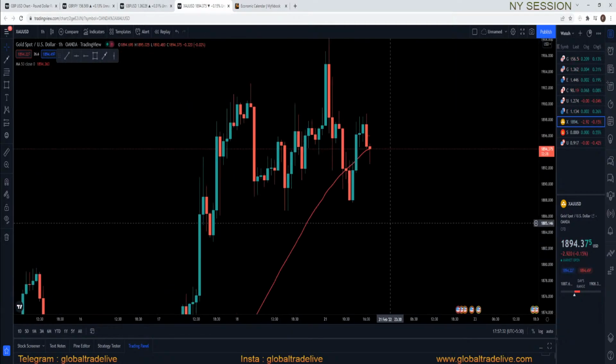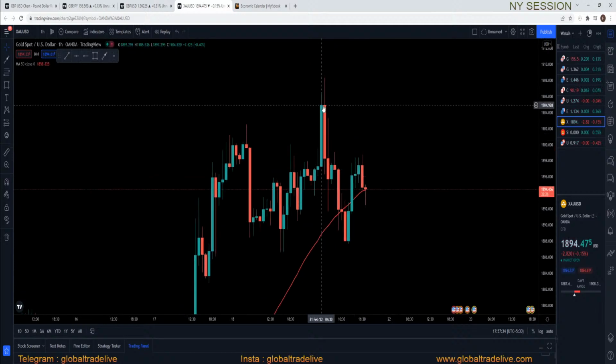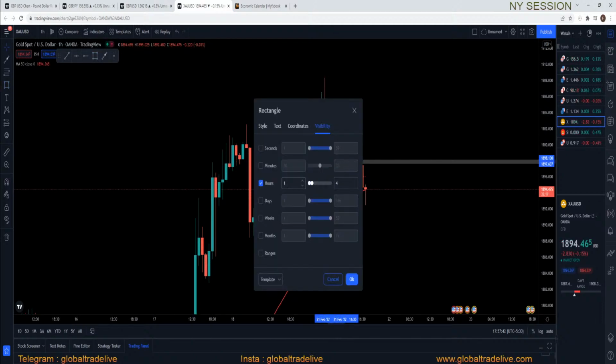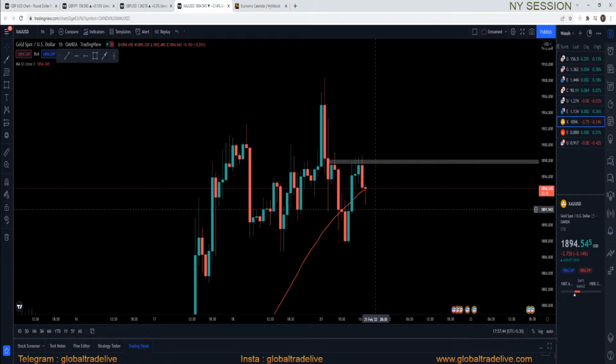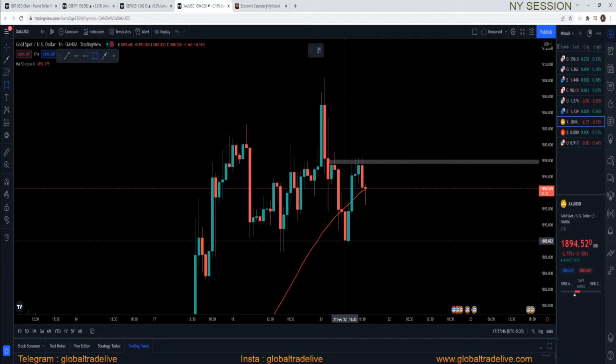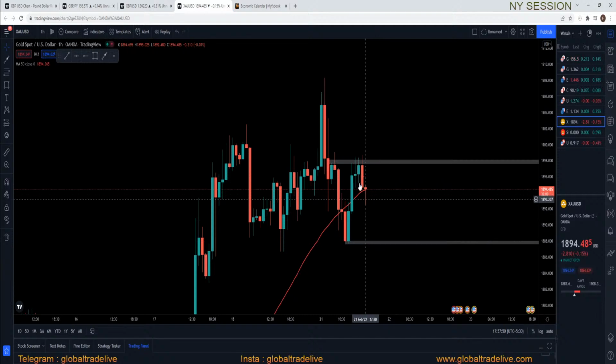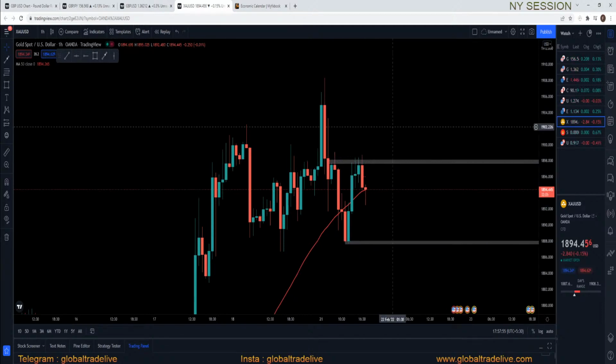If we look at the 1 hour over here, then 1 hour created a resistance, went down, created a support, then tapped that area of resistance again. From here it's rejecting, so it can move down to this area, otherwise it will be going up. Once it goes above 1898, it will be going up to this level.